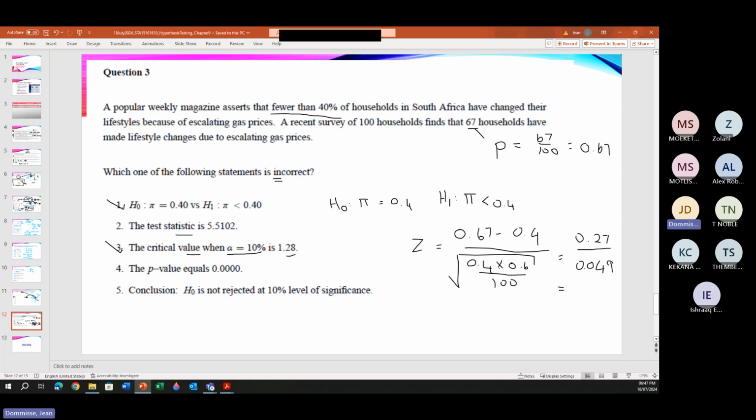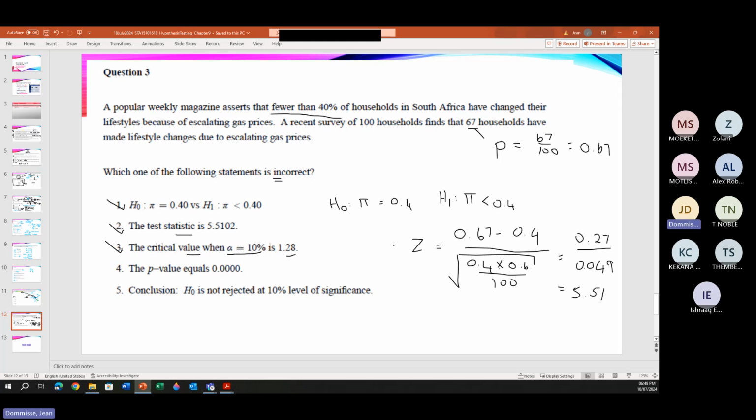And then if we work that out, I get 5.51. Okay, which is also that. Okay, so at least those three are correct.